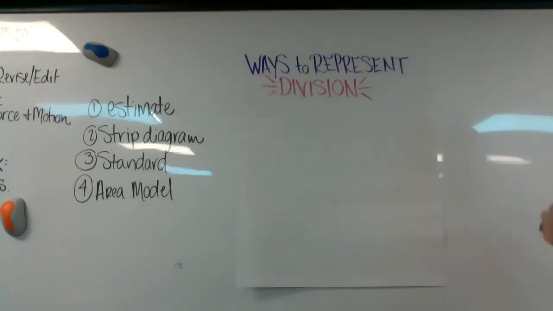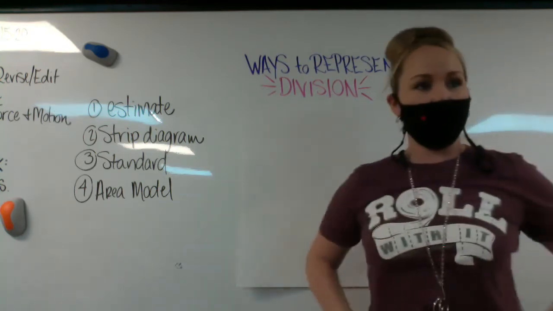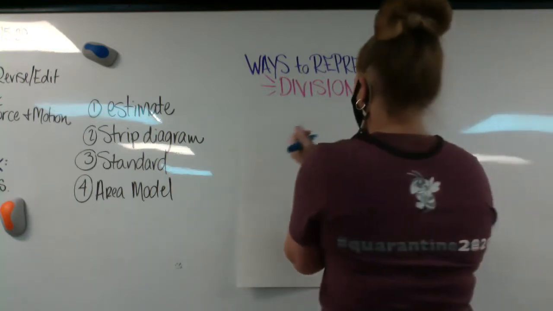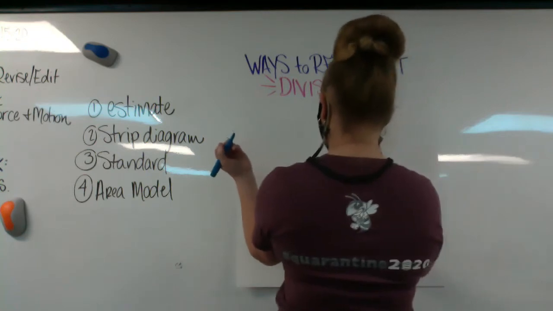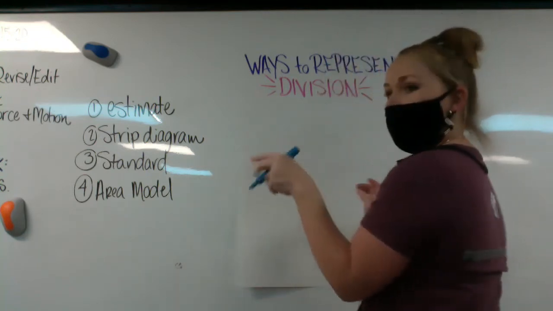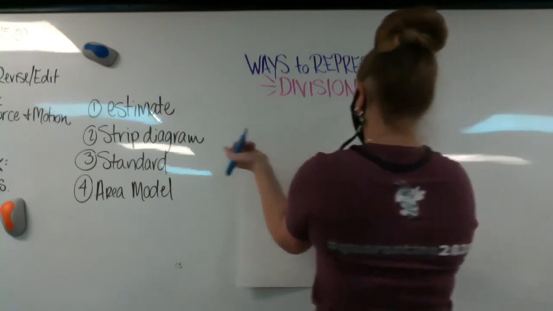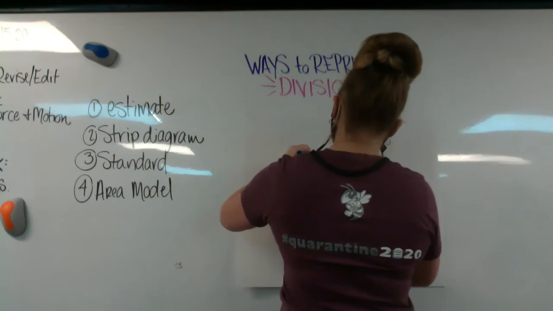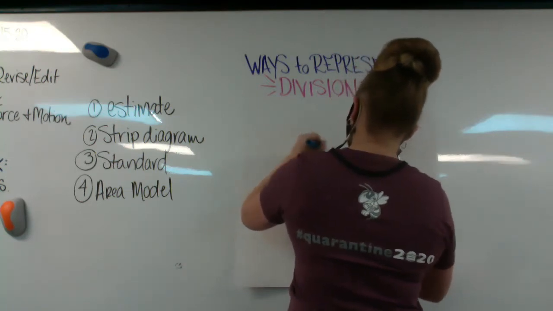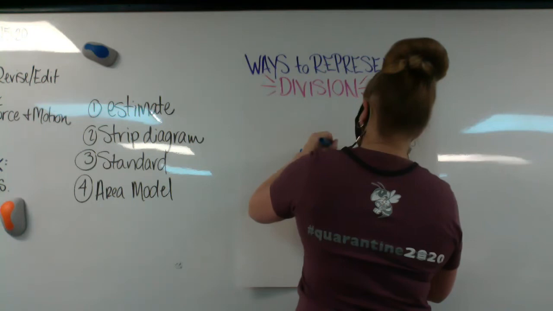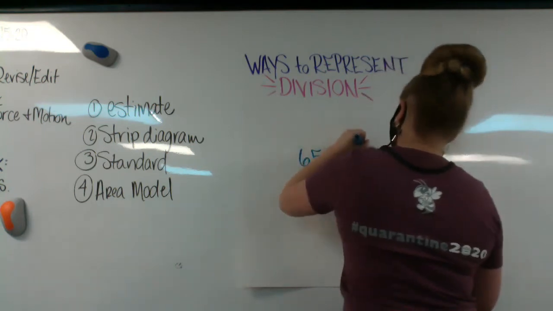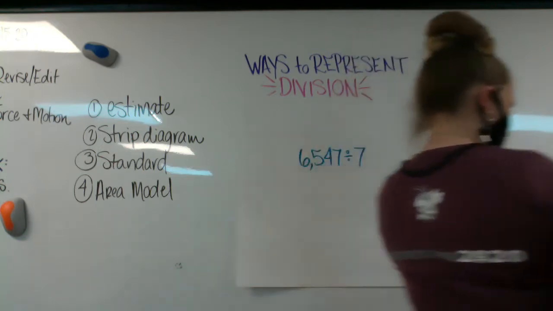Okay, so let me just pick a problem. I'm going to do a 4-digit divided by a 1-digit, like we do. I'm just going to write it kind of in the middle, and then we'll do the things all around it, okay? So if you want to write yours kind of in the middle too, we'll try to make it cute. Let's do 6,547 divided by 7. So this is going to be our problem that we work with.